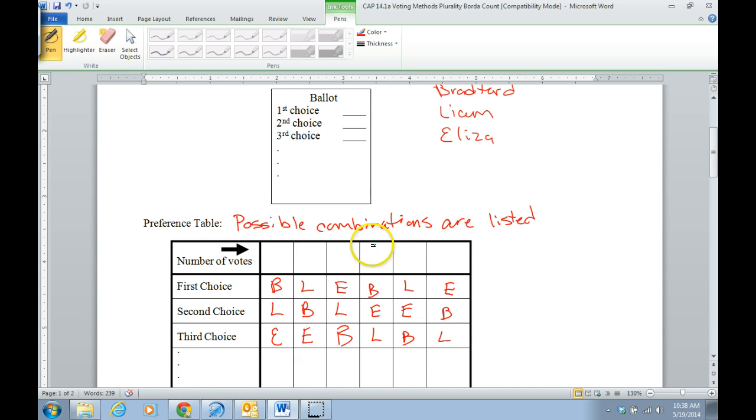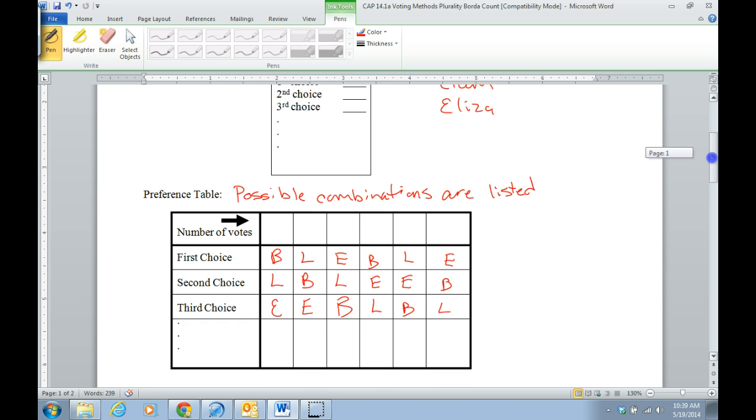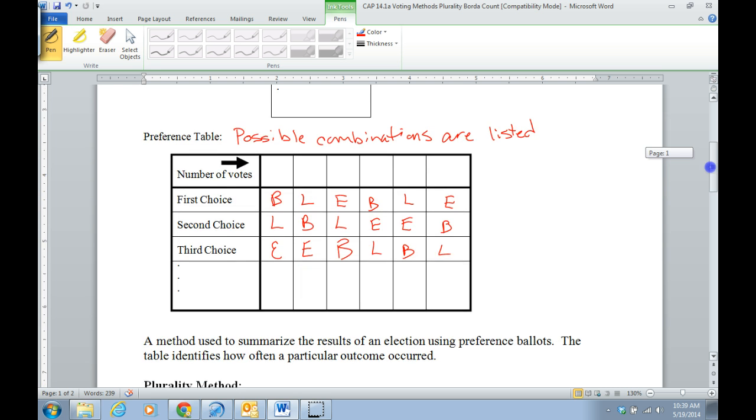Now, for the number of votes, what we would do is take people's ballots, and we would count how many people picked this order of votes, and how many people picked this order of votes, LBE, or how many people picked ELB as their order, okay? So, we're going to do something like this for real in our class in a few minutes. And I'll show you. But before we go, I would like to give you 2 definitions.